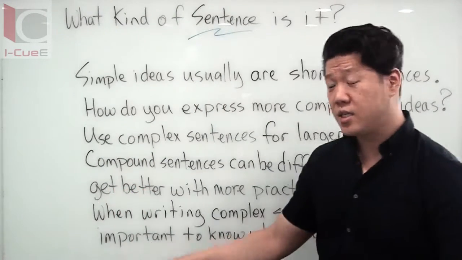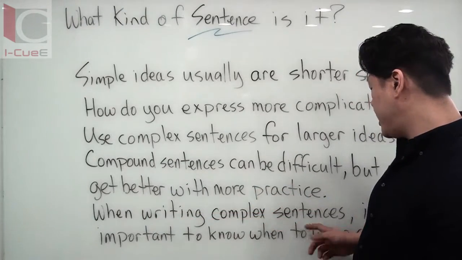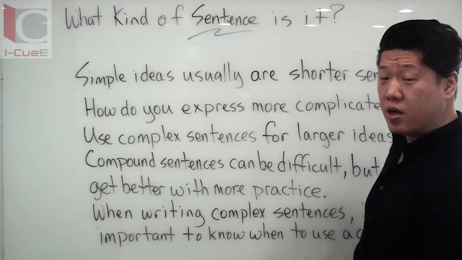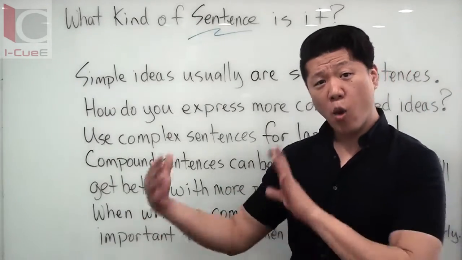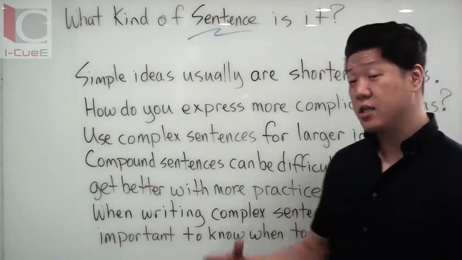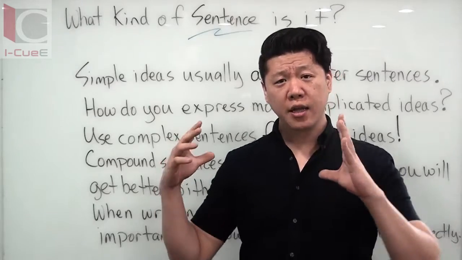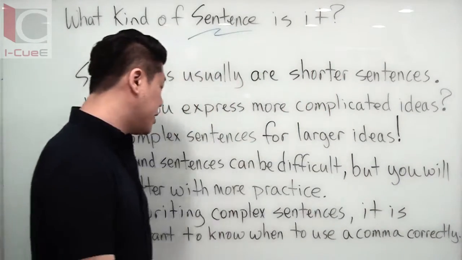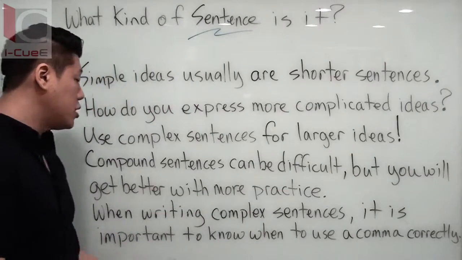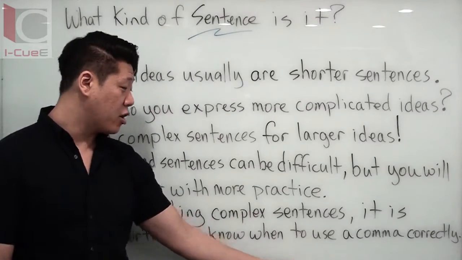No. But here in this sentence, when writing complex sentences, I have a comma here because when is a dependent clause marker. When writing complex sentences, here, right, this is a dependent clause. So when writing complex sentences, it is important to know when to use a comma correctly.